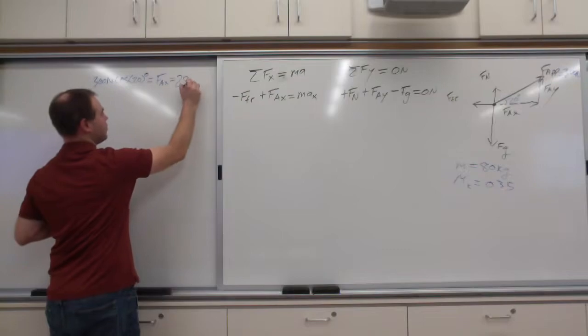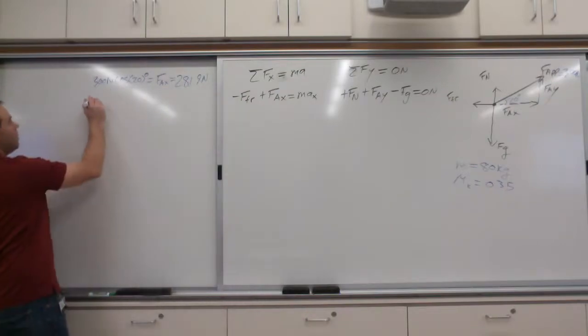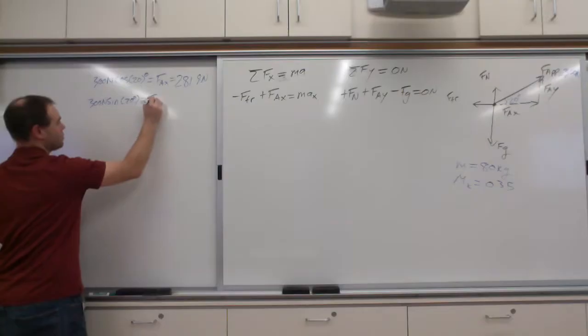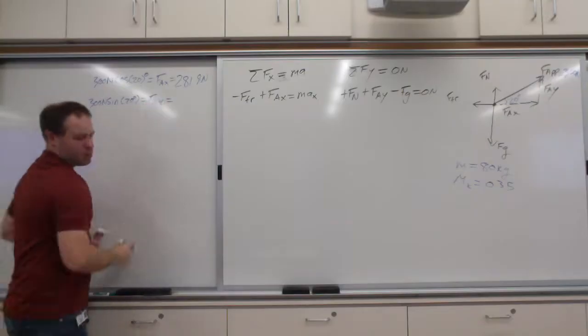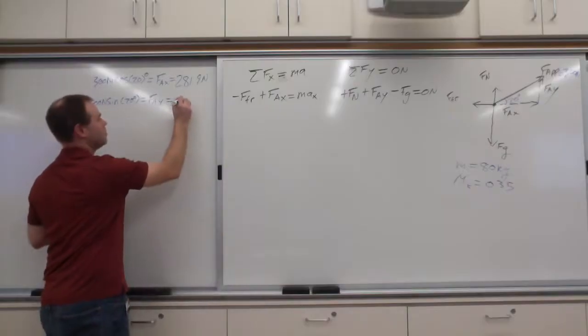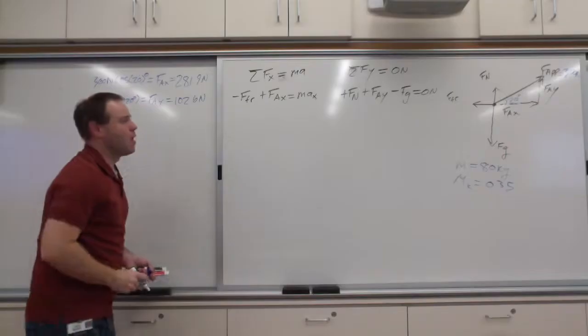So 281.9 newtons is the applied force in the x direction. The hypotenuse, 300 newtons, times sine of 20 degrees is going to give us our applied force in the y direction, and that comes out to be 102.6 newtons. So we know those two forces.